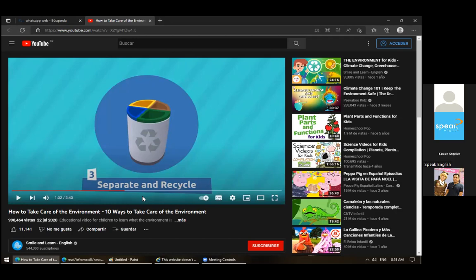Well, I don't know if this could be the third one or content sourcing. Yeah, for me, separating recycling is important because we separate the organic and inorganic trash and pick the trash can.